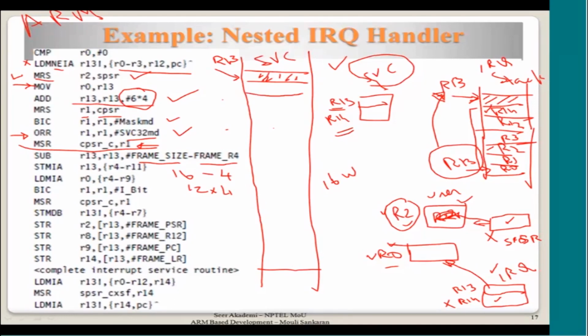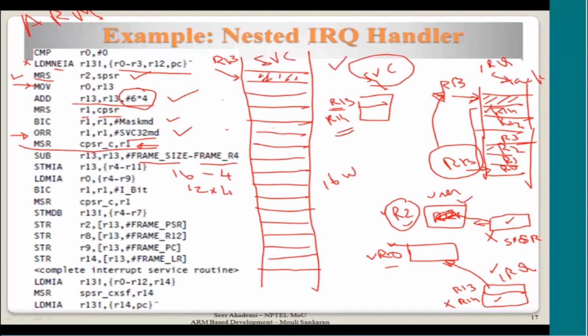So let me painfully write this. What are we trying to do? We are trying to create space in the stack by moving R13 down. That means the stack will be going downwards, right? Which stack? The SVC stack.